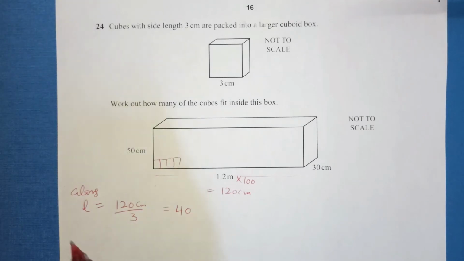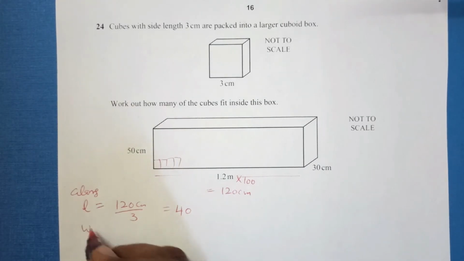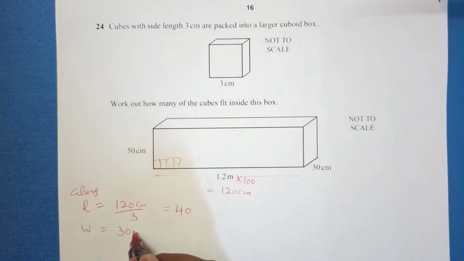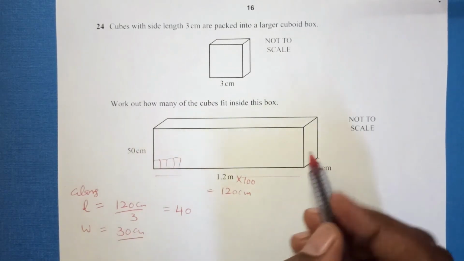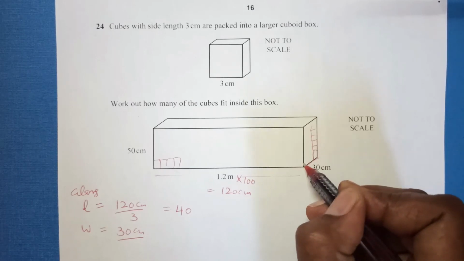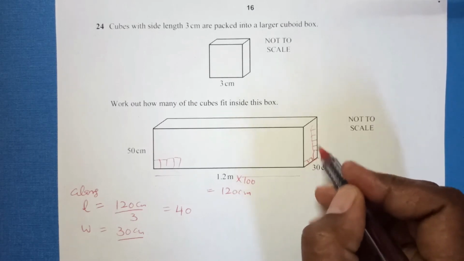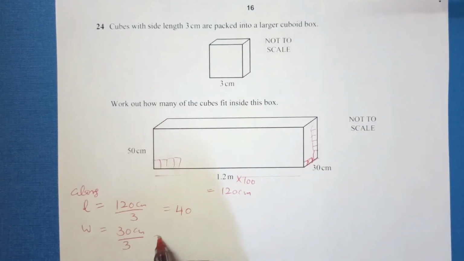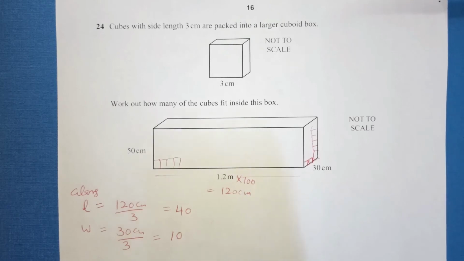Then along the width is 30 centimeters. These smaller cubes can be placed this way and this way. So along the width, divided by 3, it is 10.